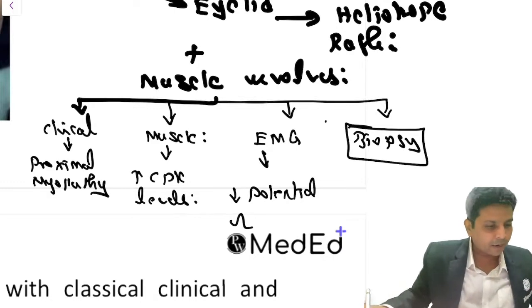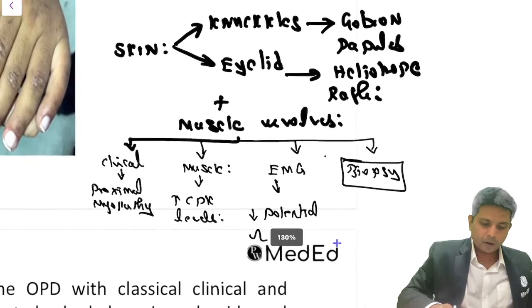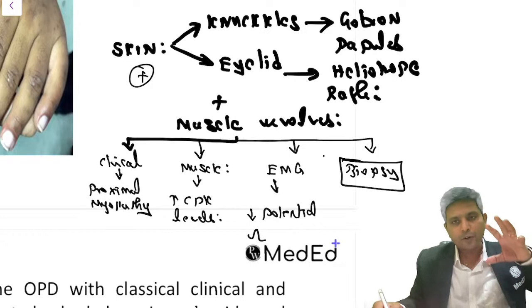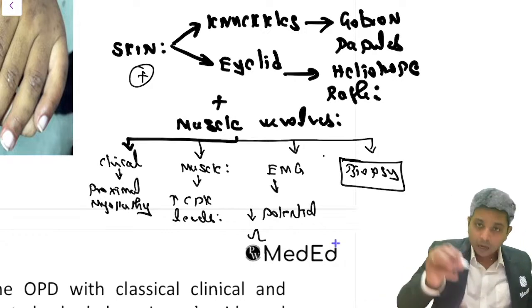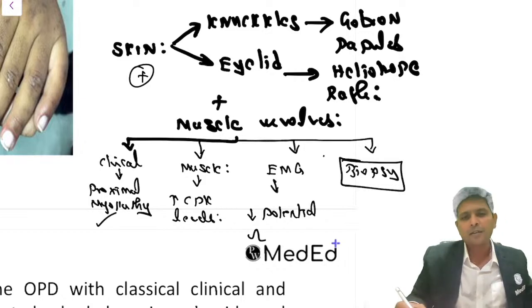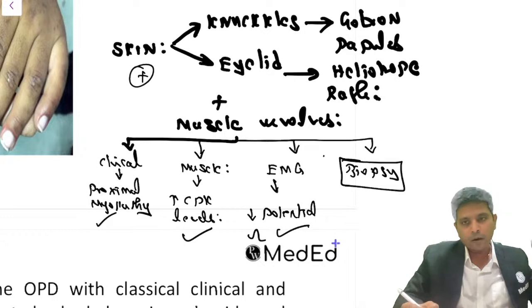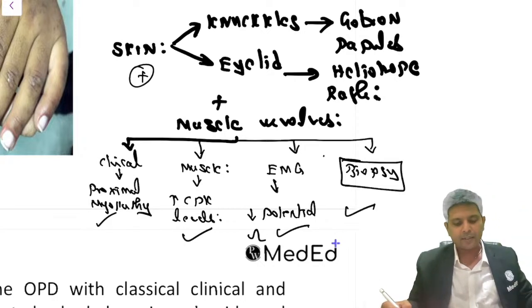My dear Akhil, look here. You need to have either one of the skin manifestations, Gotron papules or heliotrope rash, along with either proximal myopathy, or elevated CPK, or abnormal low potentials in EMG, or biopsy findings.